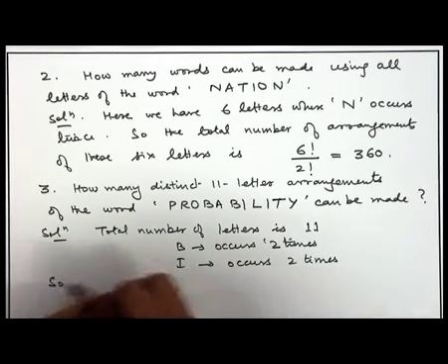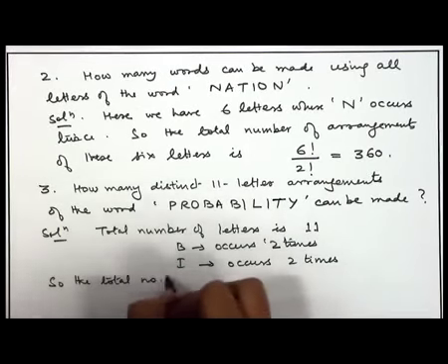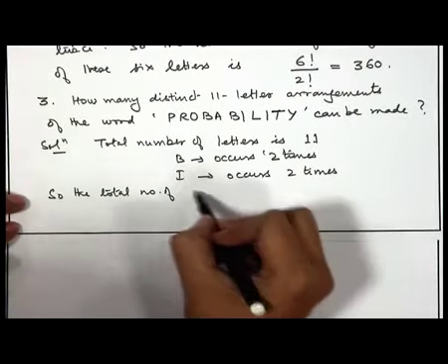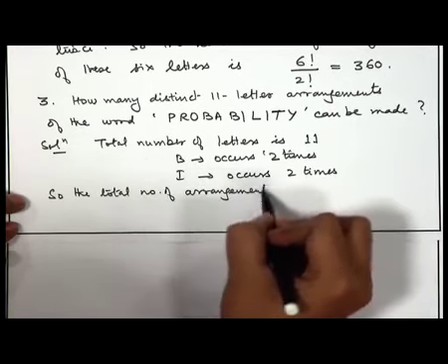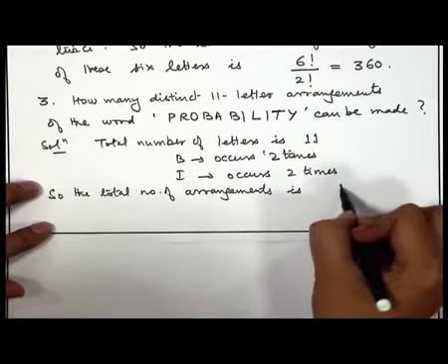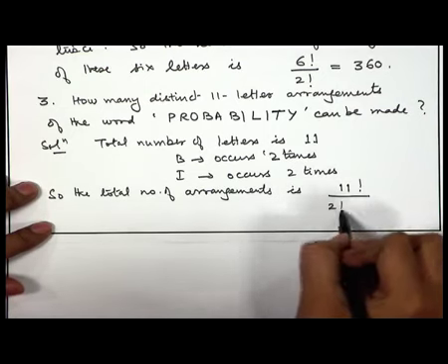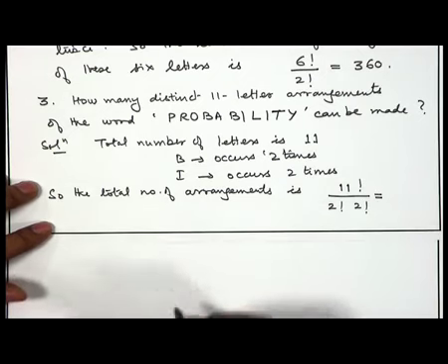So, the total number of arrangements by this formula will become 11 factorial divided by 2 factorial into 2 factorial. This number can be evaluated.